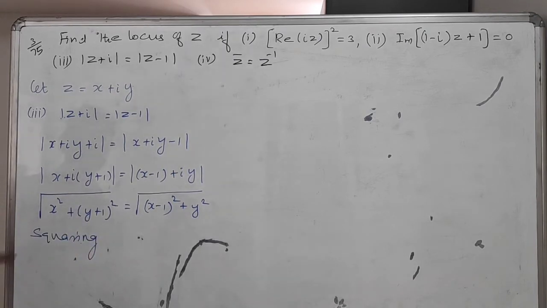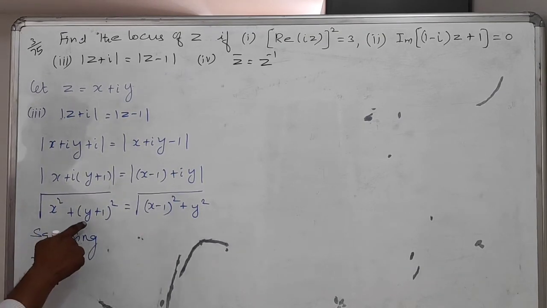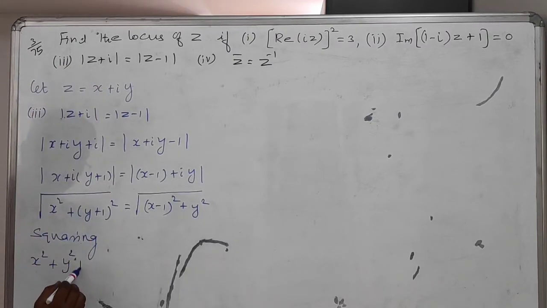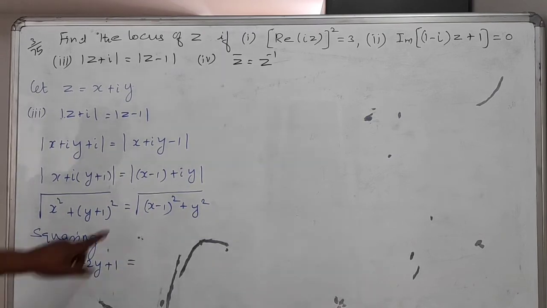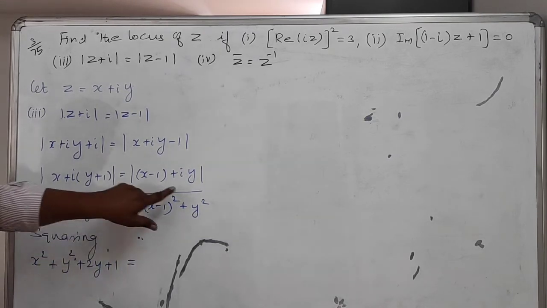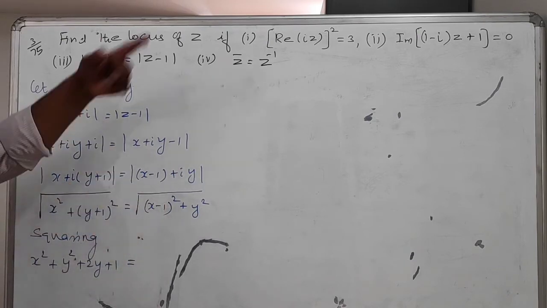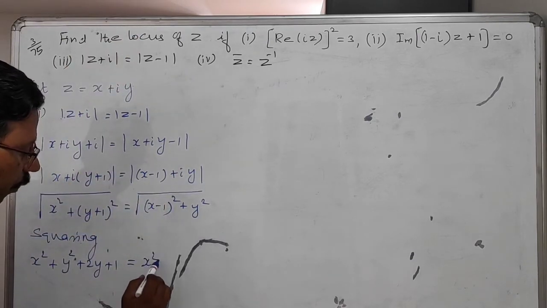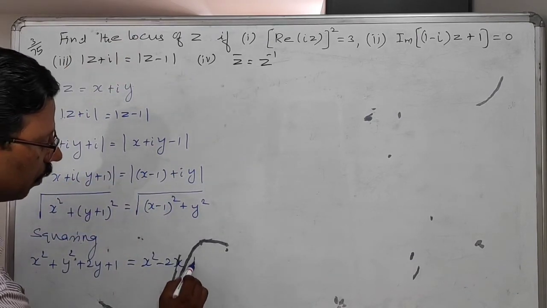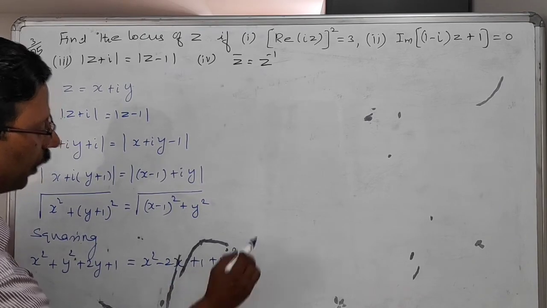On squaring, the root will go. Then you can write x square plus, expanded with the help of (a plus b) whole square, y square plus 2y plus 1, which is equal to, here also the root will go, expanding with (a minus b) whole square, x square minus 2x plus 1 plus y square.